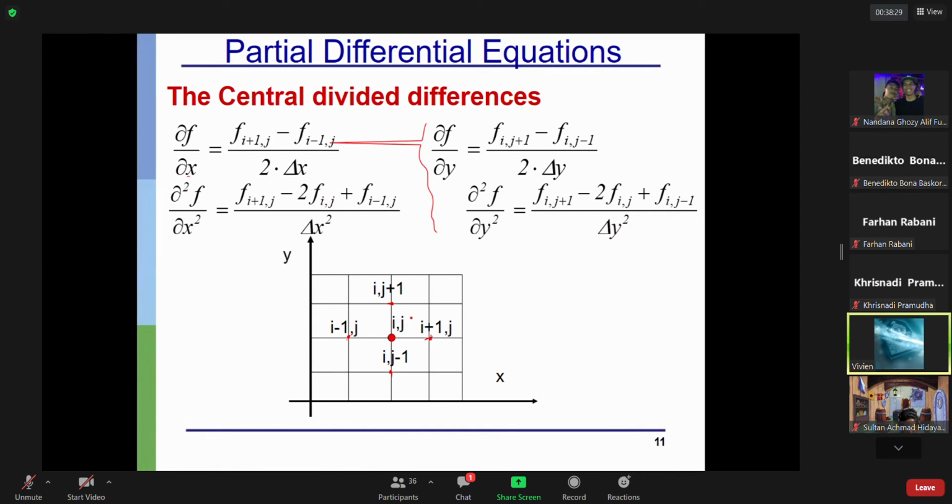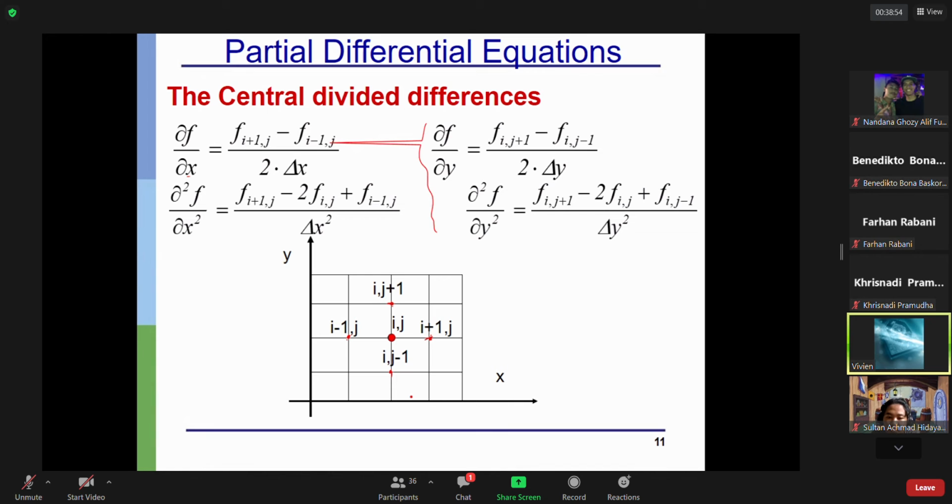The first derivative in y direction will be f ij plus 1 minus f ij minus 1 divided by the distance, which is 2 times delta y. And the second derivative of f in y direction will be f ij plus 1 minus 2 times f ij plus f ij minus 1 divided by delta y squared.